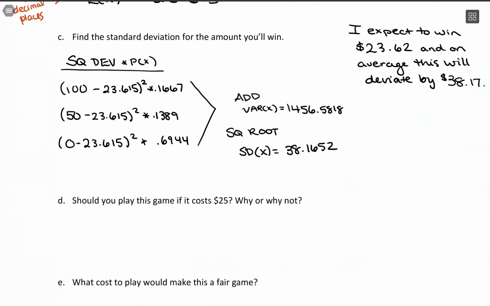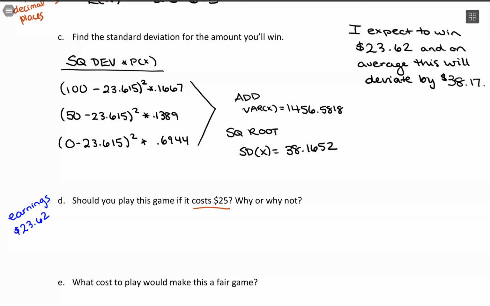So this is our earnings. We expect to earn this $23.62 whenever we play. What we're going to add in now is a cost of play. Should you play this game if it costs $25? Why or why not?